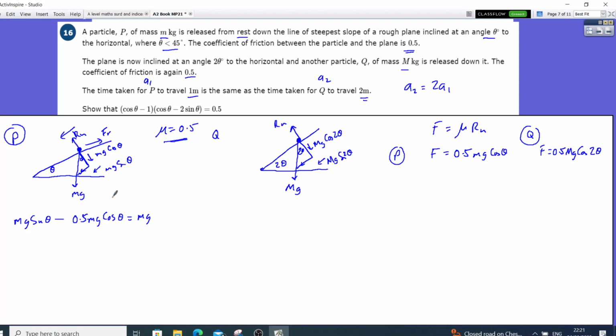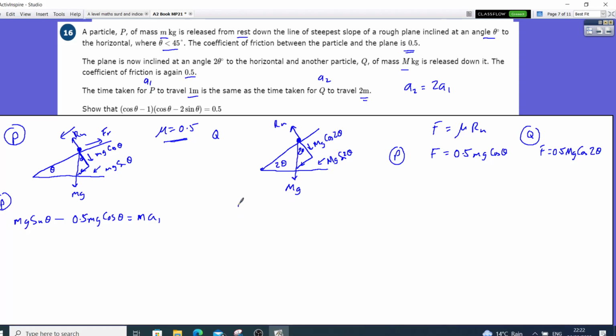Sorry, it shouldn't be mg, it should be just small m times acceleration. That's for P, and I'm going to call the acceleration a1.